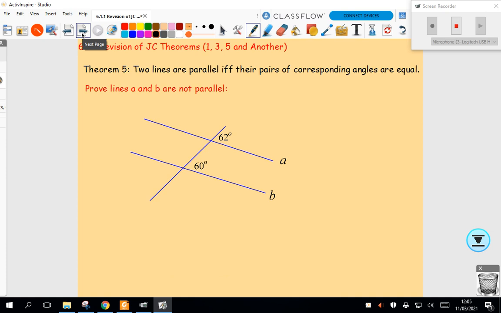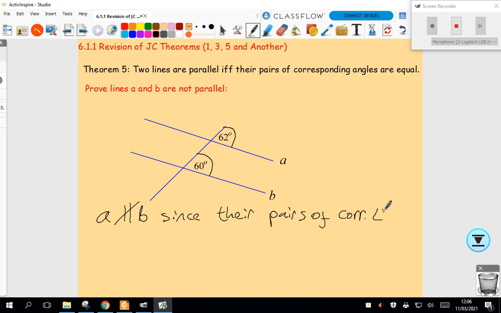Prove that the lines A and B are not parallel. Well, look, we have a pair of angles here, and these are corresponding angles, however, they are not equal. Okay, so A is not parallel to B since their pairs of corresponding angles are not equal or congruent.